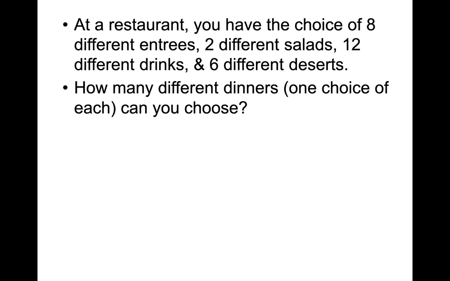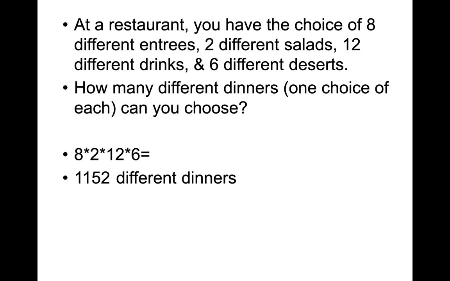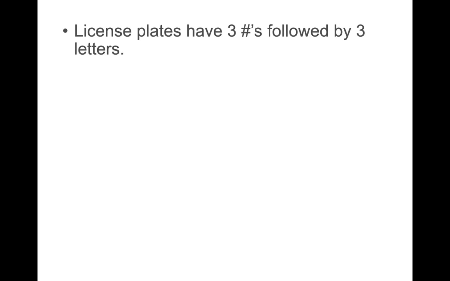And you might remember that the way we would solve problems like that is we would simply multiply the number of entrees times the number of salads times the number of drinks times the number of desserts. And whatever the answer was, in this case, 1,152, that was the number of different combinations of dinners. So that's your basic type of fundamental counting principle, finding the number of combinations.